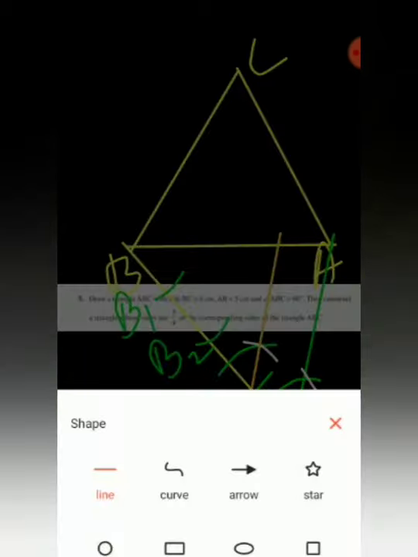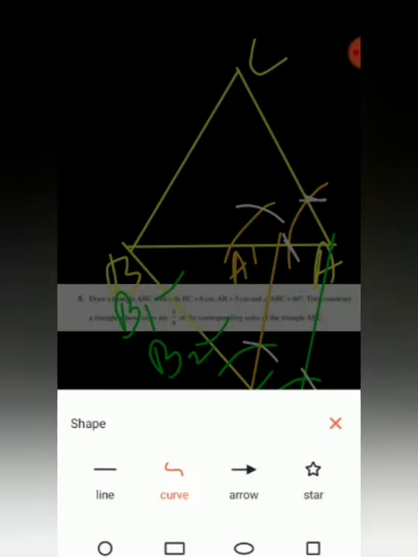Let's name that point this. After that, you make an arc from A with the same distance. You measure the distance from this point to this point, and then you make an arc here. And you join your line to that arc like this.